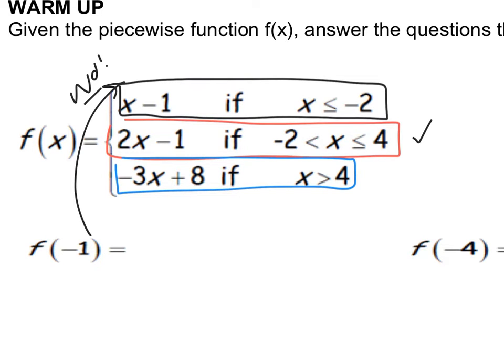Yep. So I'm going to be plugging -1 into 2x minus 1. Two times -1 is -2. Minus 1 is -3. So f of -1 is -3.